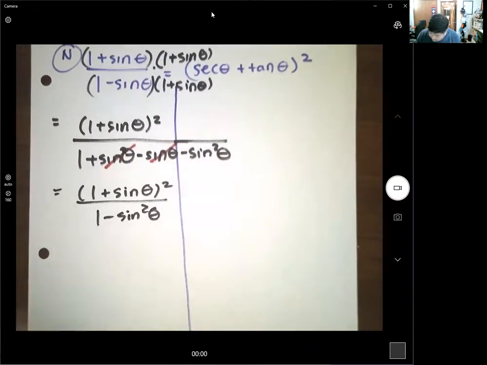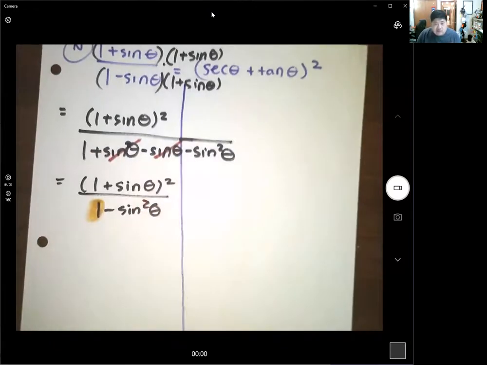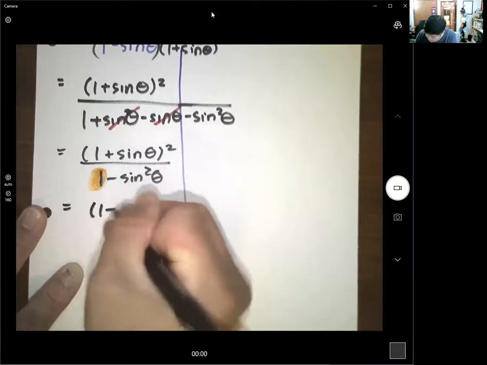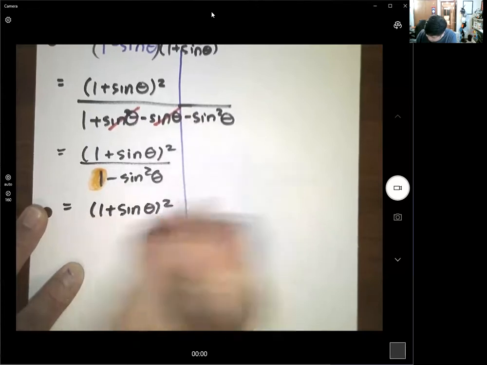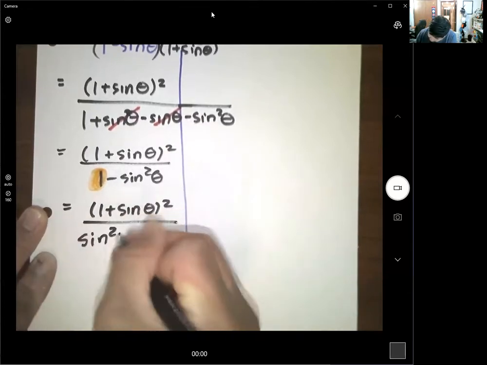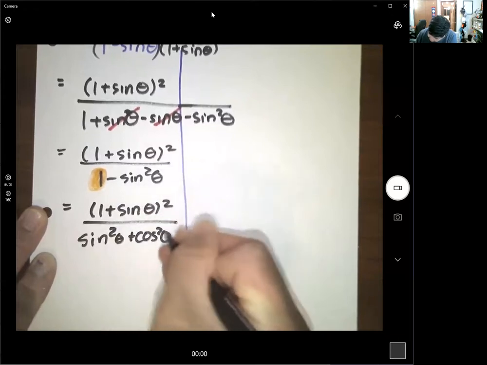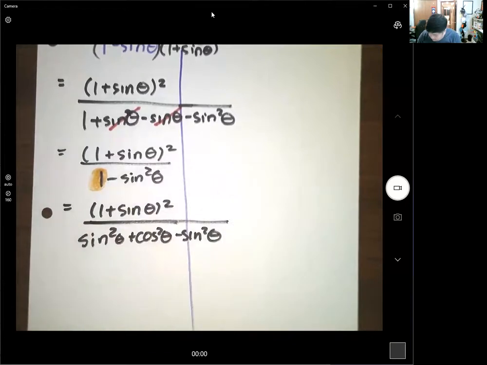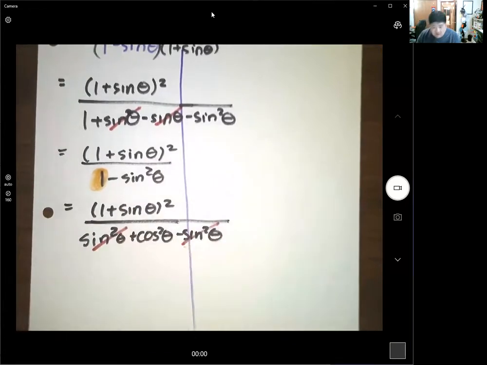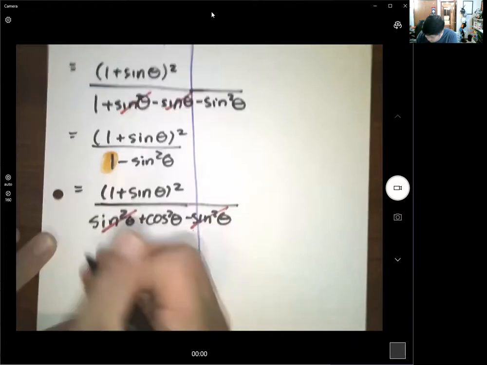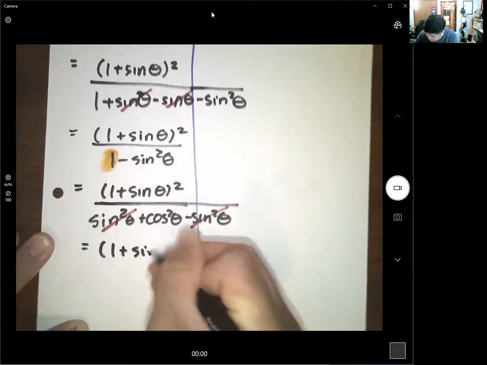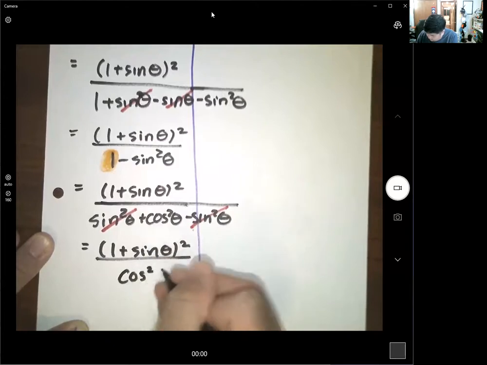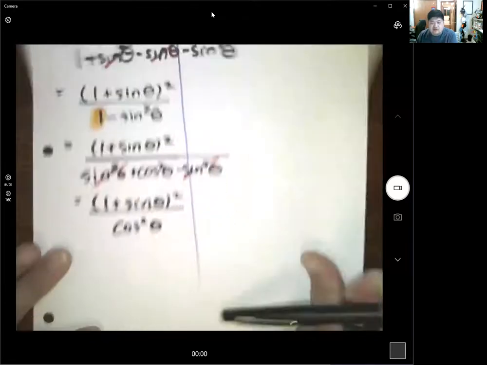But now remember, a 1 is equal to sine squared theta plus cosine squared theta. So I have 1 plus sine of theta squared over sine squared theta plus cosine squared theta minus sine squared theta. And then the sine squared thetas zero out. So we have 1 plus sine of theta all squared all over cosine squared theta.